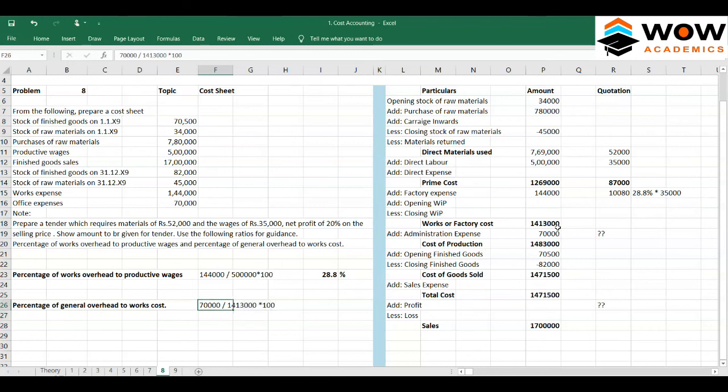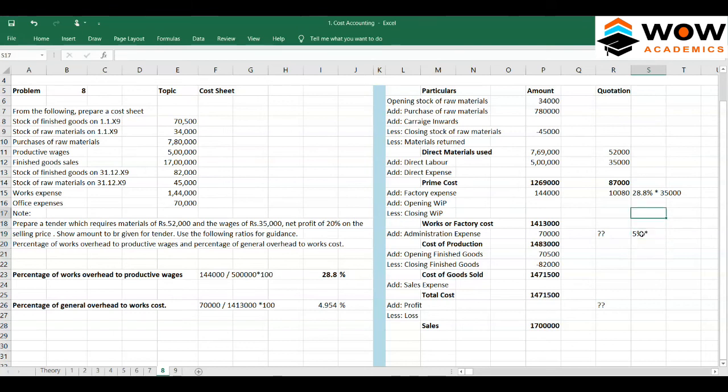Let's get that percentage. So that comes to roughly 5%. Okay, we'll take it as 5%. So whatever is going to be your works cost, out of that it's going to be 5%. So it is 5% of a number.